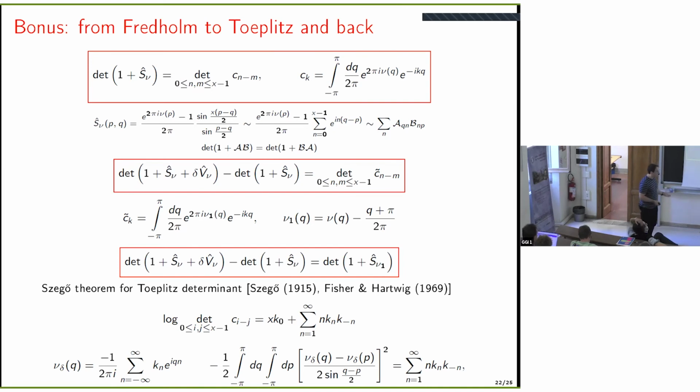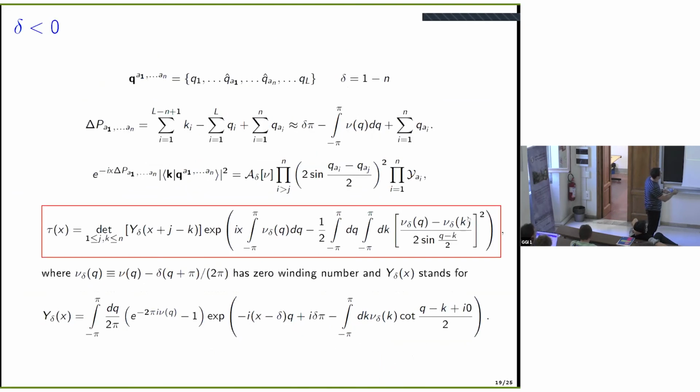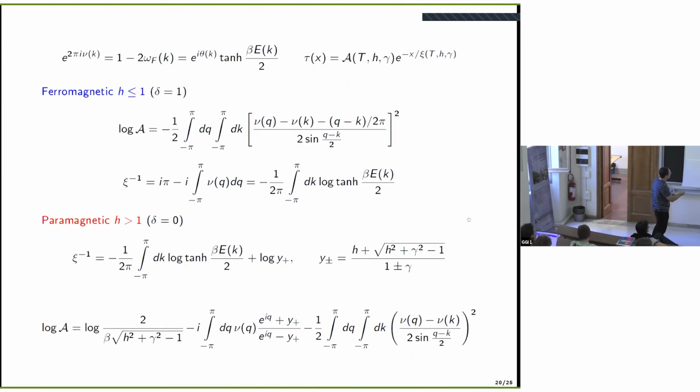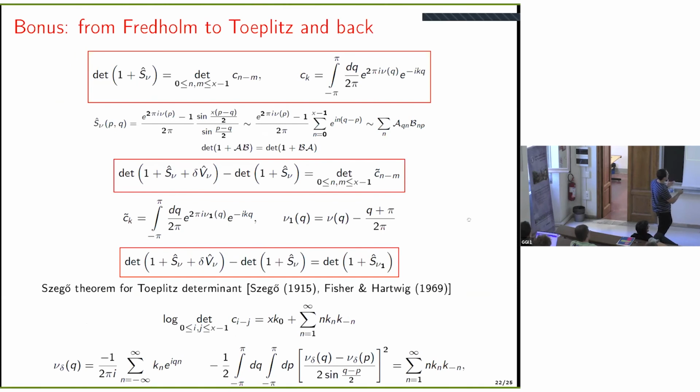From the asymptotics, we expect that since it depends only on nu delta, whatever your nu is, it brings you to nu with zero winding number. We can expect that at least asymptotically, correlation functions should be related with different nu.